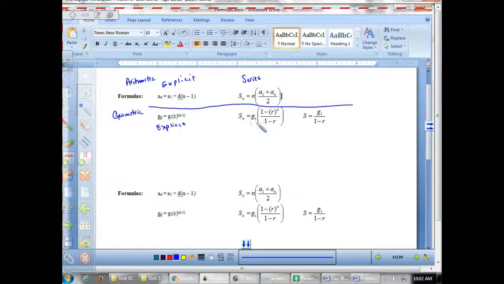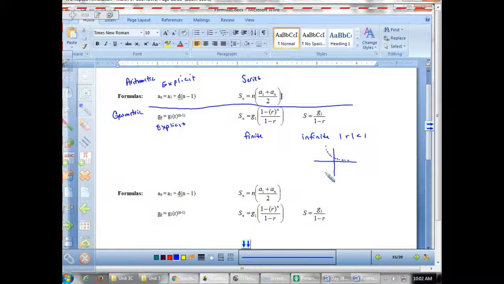This is summing through the n term, or the nth term, so this will be finite, when your sequence or your series actually ends at a certain term position. This will be infinite. But infinite is only going to be used when the absolute value of your R is less than 1, meaning you have a decay type of problem that is decreasing and approaching 0.